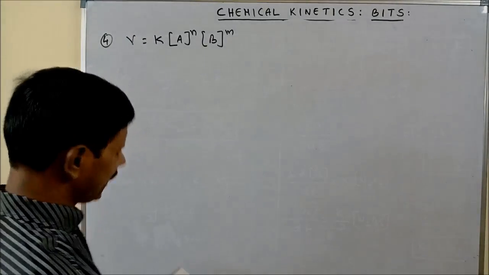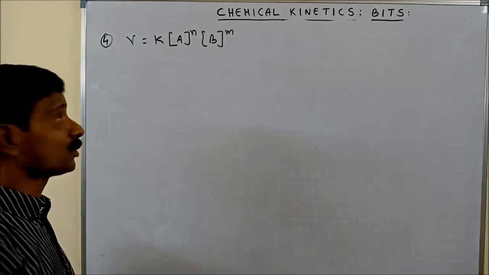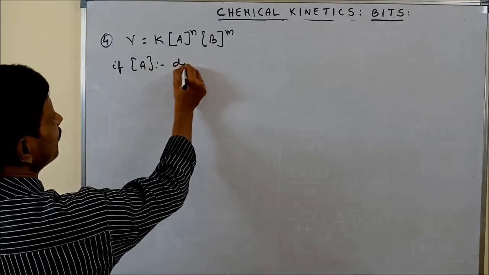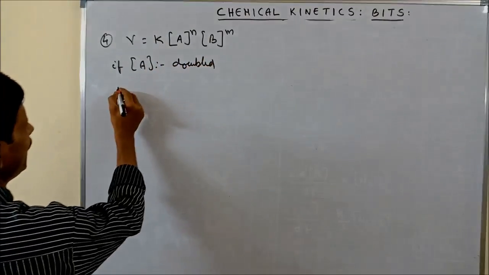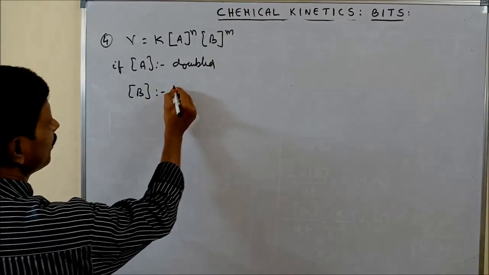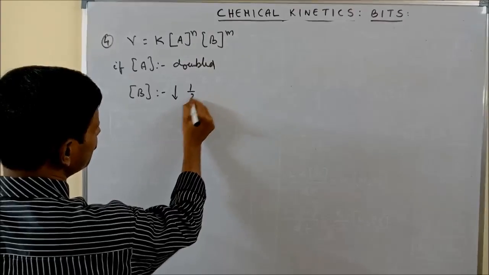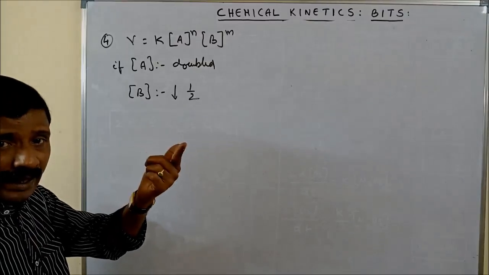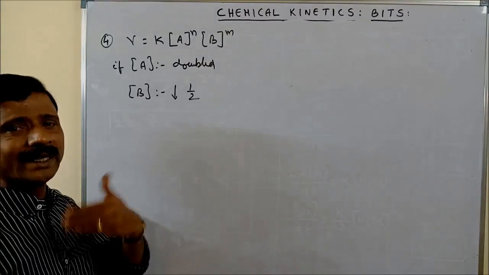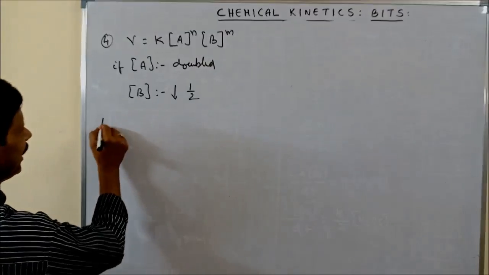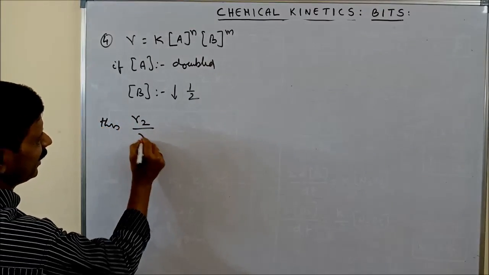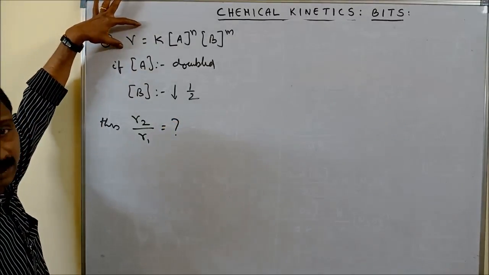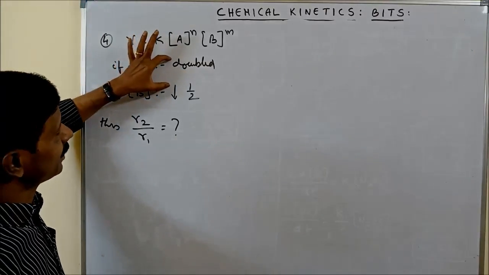Now what they are doing, if concentration of A is doubled and concentration of B is decreased to half, then what is the ratio between new rate to initial rate? Suppose new rate is R2, initial rate is R1. So then what is the ratio between R2 and R1? This is the question. So already they mentioned the rate expression. After that they are going to change the concentration like this.